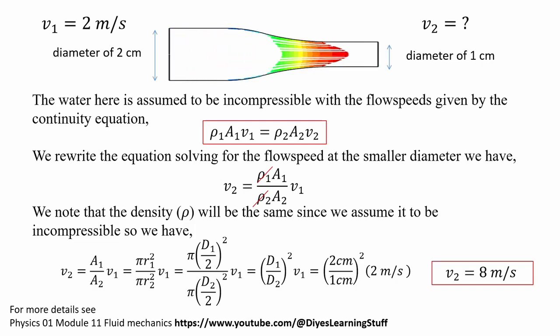The area here is just the cross-sectional area. Substituting the known values, the diameters at both ends and the initial velocity, we are able to determine the velocity at the smaller diameter. This is shown to be 8 meters per second. It appears to be faster, and in fact 4 times faster. This is a consequence of the continuity equation, which is in effect the conservation of mass.